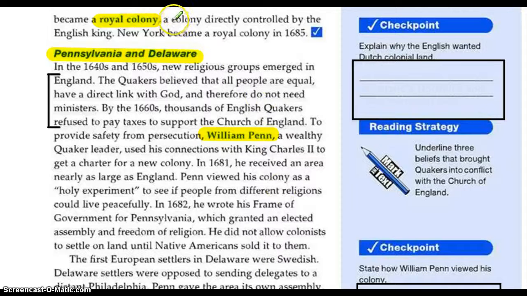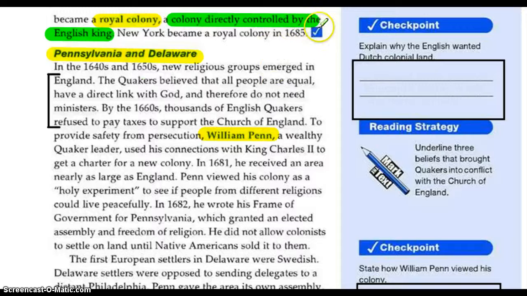And it says here, a colony directly controlled by the English king. So a royal colony was different than a proprietary colony because a royal colony was actually controlled by the king or queen of England, whereas a proprietary colony was controlled by the person or family or group that started that colony.